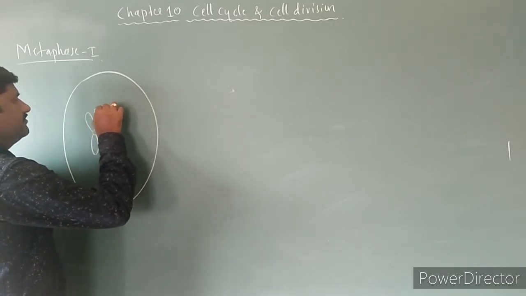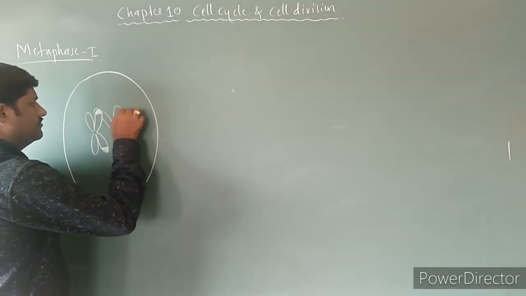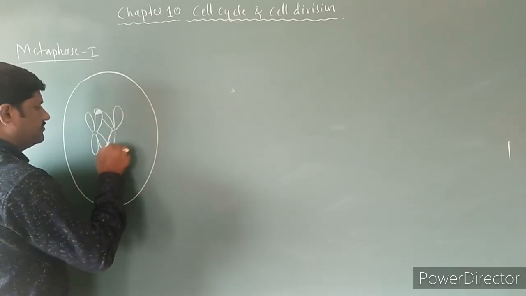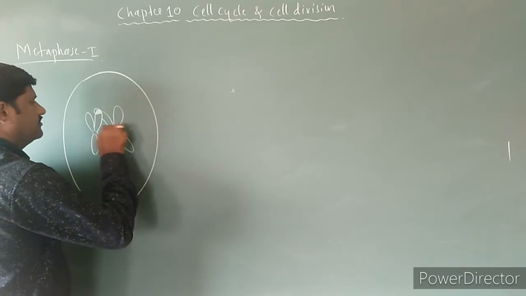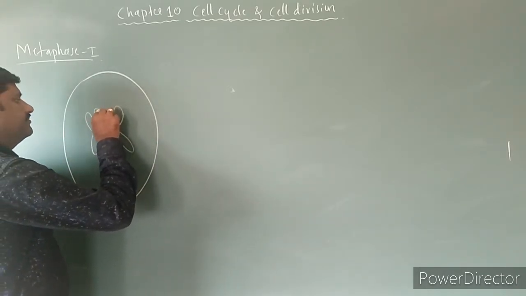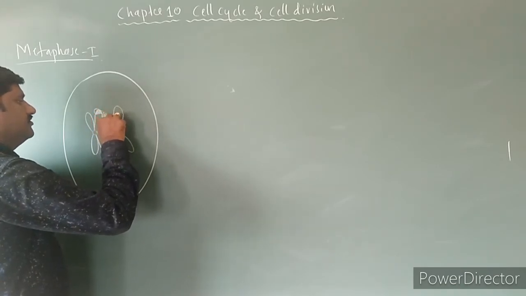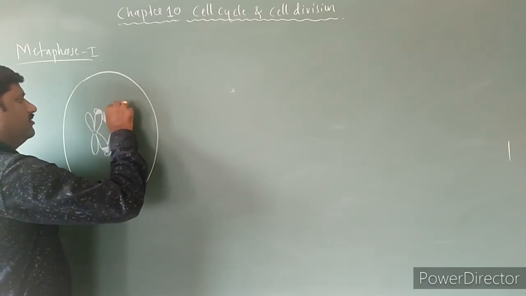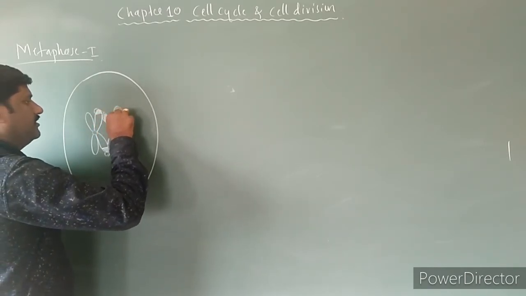It has the chromatids like this, okay, and the other is a completely shaded chromosome.